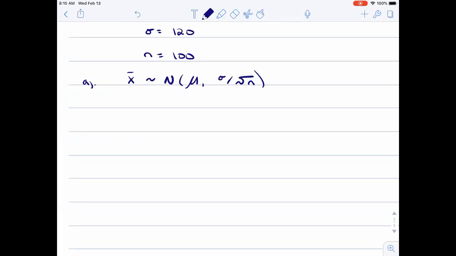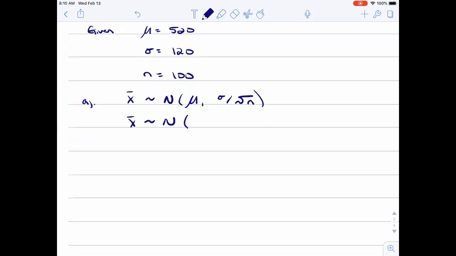So in our case, we've got X bar follows a normal distribution with a mean of 520 and a standard deviation of 120 over the square root of 100. If you wanted to leave it like that, that's fine. I think that's probably what I would do. Or if you want to.